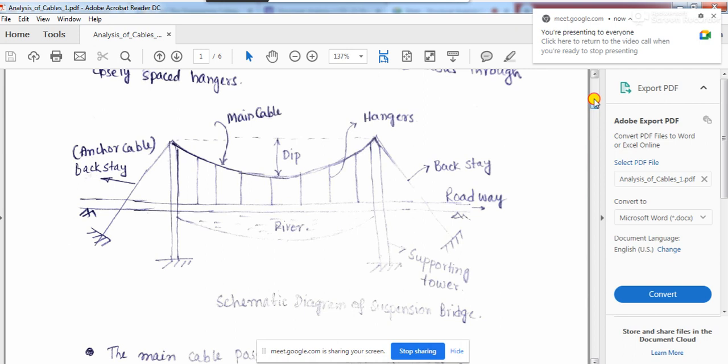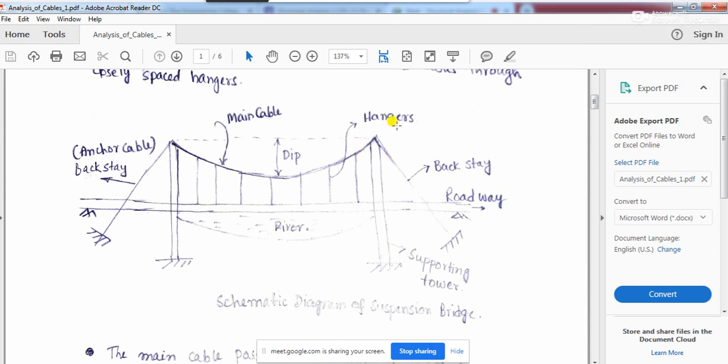If I go to this figure, either on the roller support or on the saddle support, either on the pulley support or on the saddle on roller, whatever may be the case, in the analysis we have done the supports are at the same level. The level of this portion and the level of this portion is the same, right? These two are at the same level. So the main cable, when attached to these supports, is at the same level.